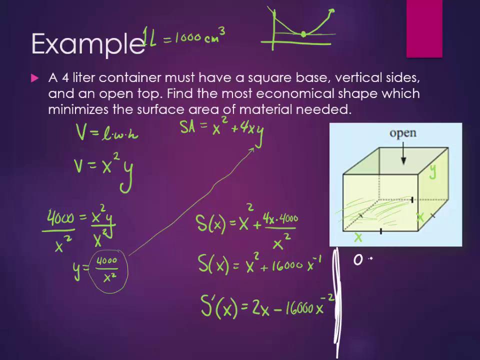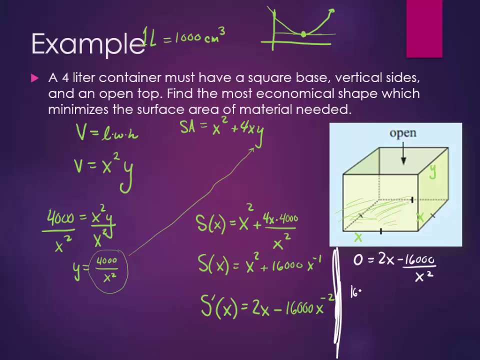So we go 0 equals 2x minus 16,000 over x squared. Okay? Now you might be thinking, holy Moses, that x squared on the bottom, that's no fun. Don't worry about it. Check this out. Add 16,000 over x squared over to the other side.